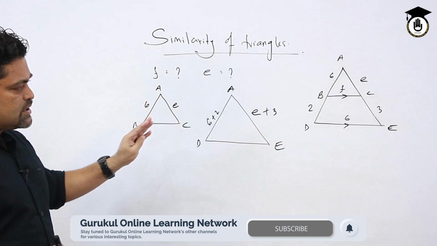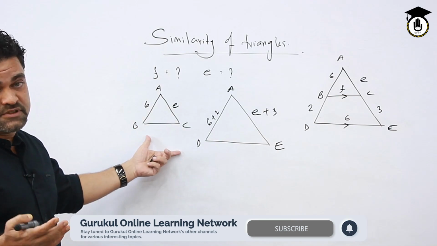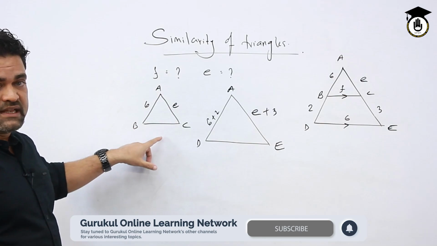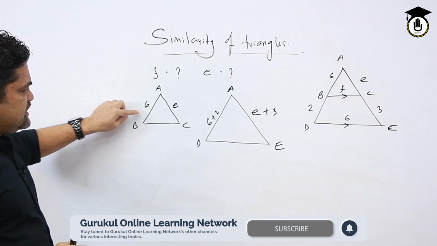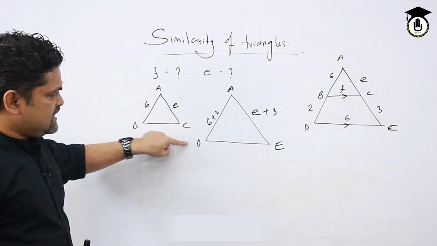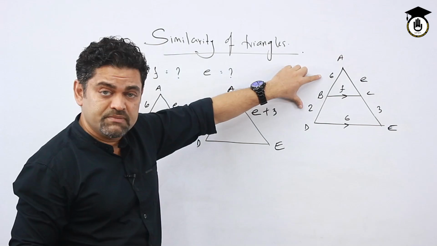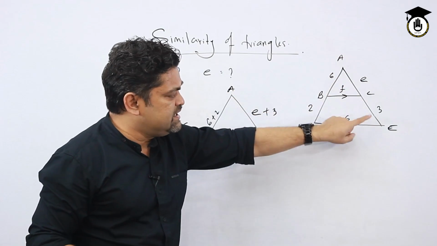You have to put the sides' values very carefully, or else your maths might become wrong if you cannot put the values like this. So again I am telling, AB the value is given 6, AC is given E, and AD, as the diagram has shown, I will add these two sides, so that will be 6 plus 2 and then E plus 3.